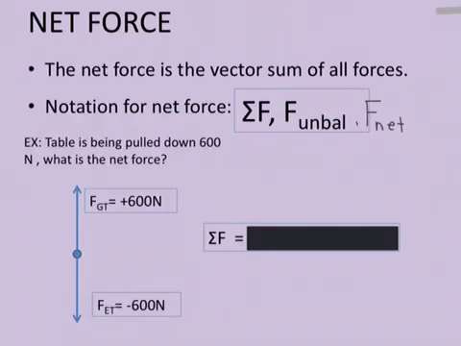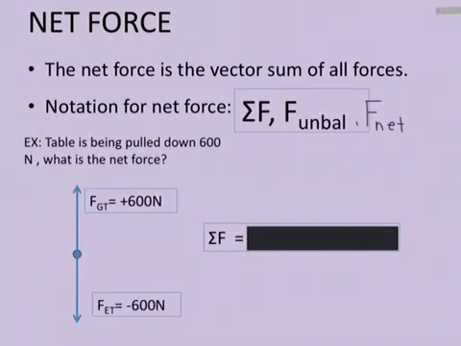How we label that is either sigma F, meaning the unbalanced force, or F net. They all mean the exact same thing. You can pick the way that you like to describe the net force. I typically use sigma F, or I might say F net.